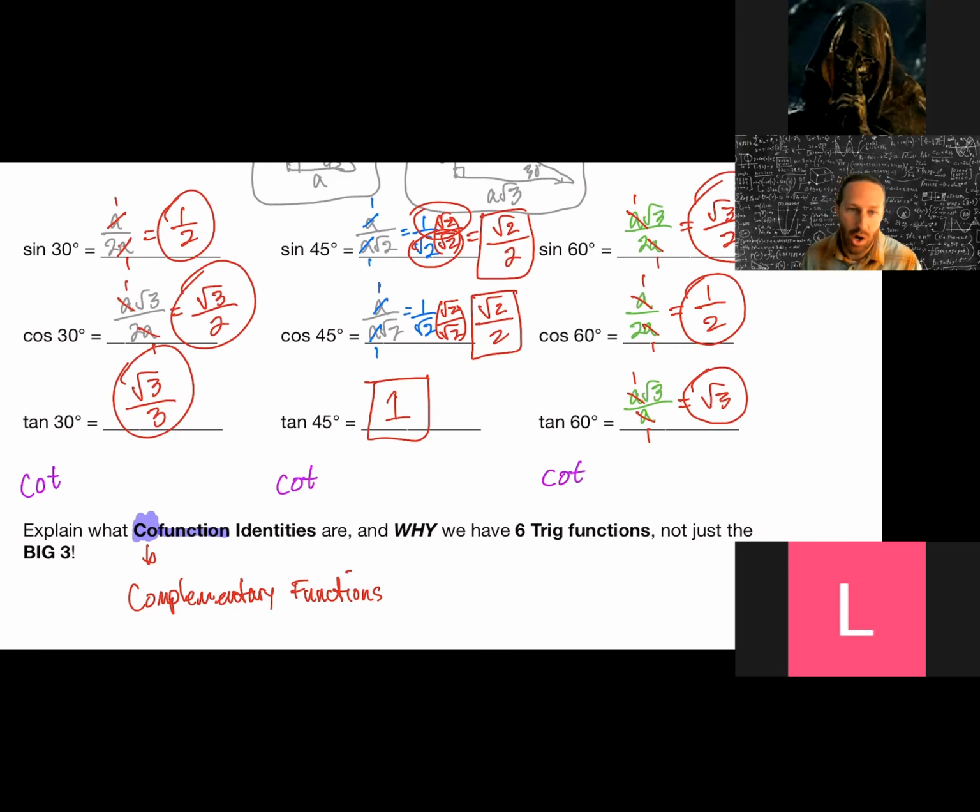So sine and cosine, that's why they are named what they are. That's why they are defined what they are. They are complementary functions. So I know that this is equivalent to that. I know that this is equivalent to that. And of course, these are definitely the same.